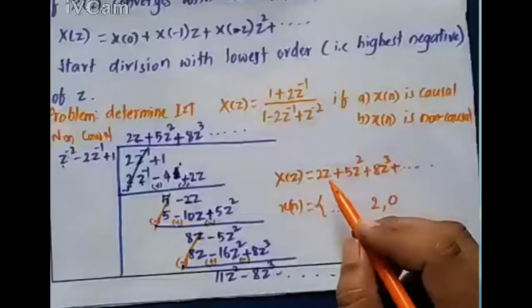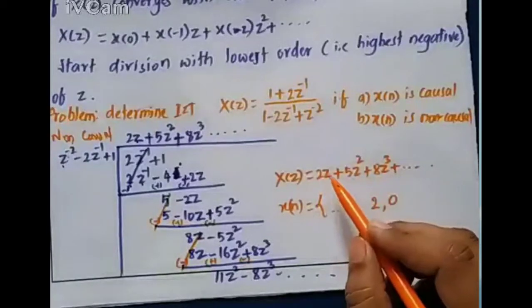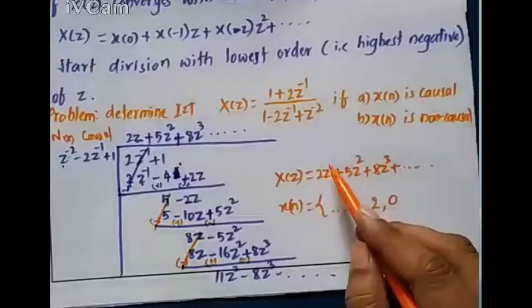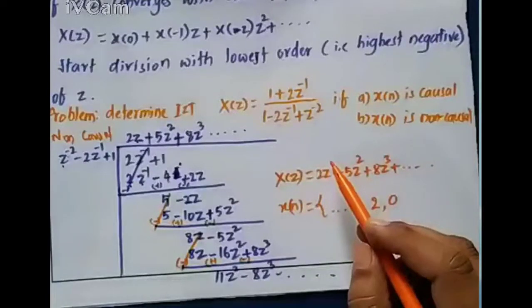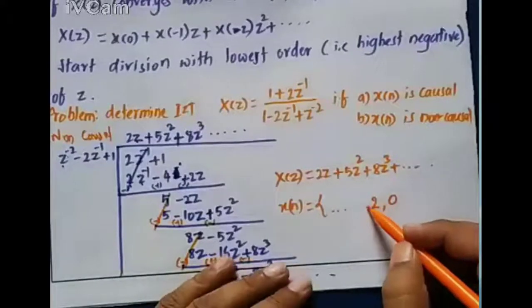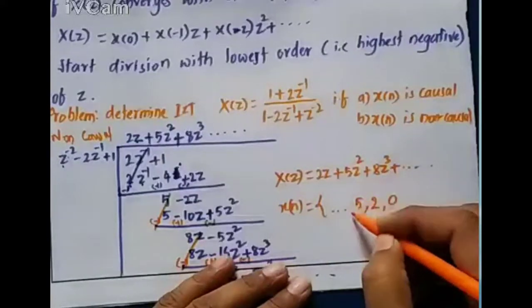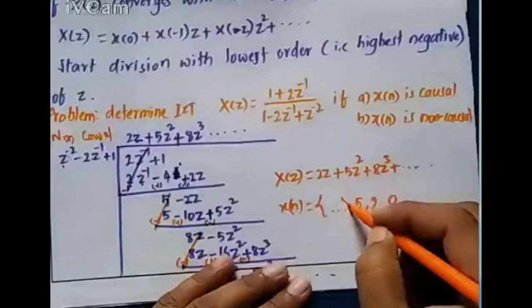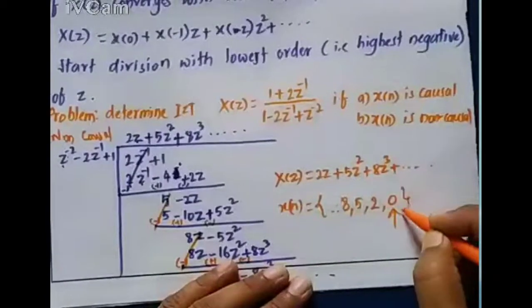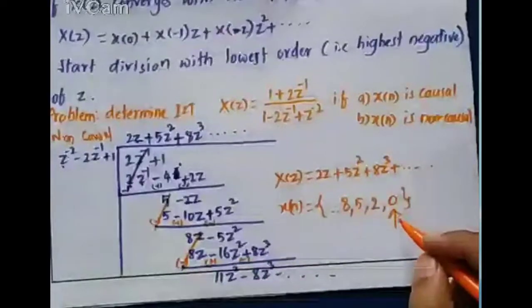For the positive values of n, z will have negative powers, and for the negative values of n, z will have positive powers. So it will be 2, 5, 8, like that, and the starting value is here because it is non-causal.